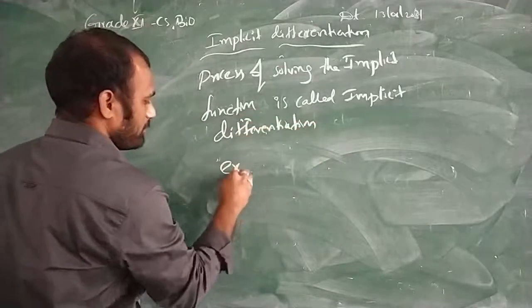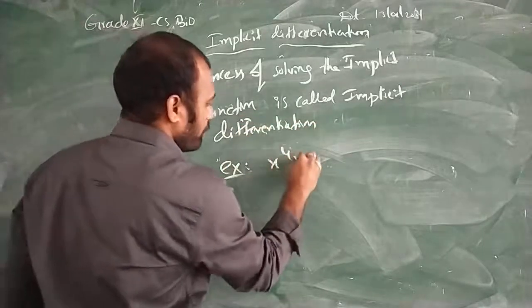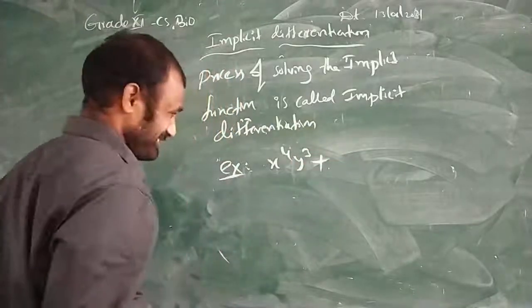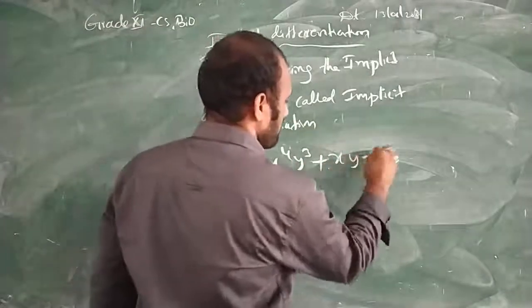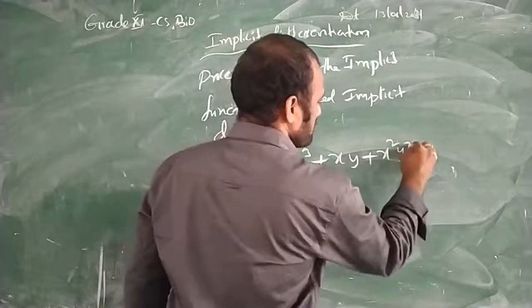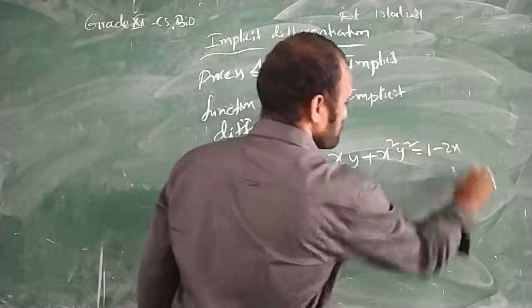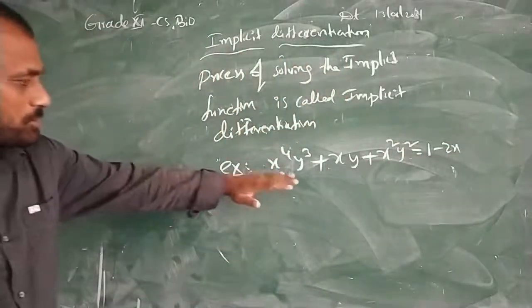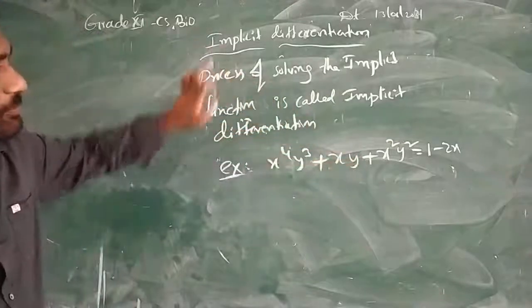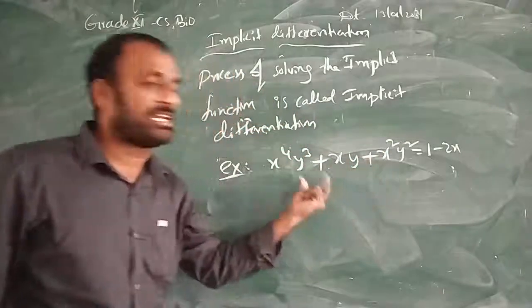For example, x power 4 y cube plus x y plus x square y square is equal to 1 minus 2x. This we can say is an implicit function. Why? Because we cannot express y in terms of x.